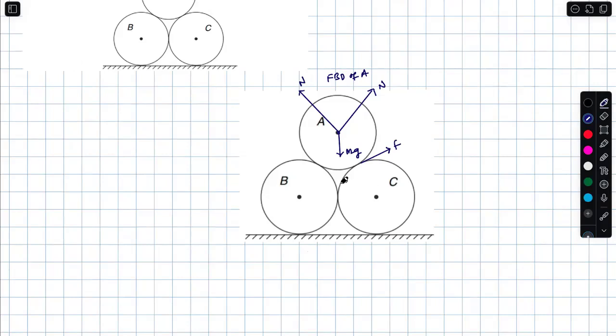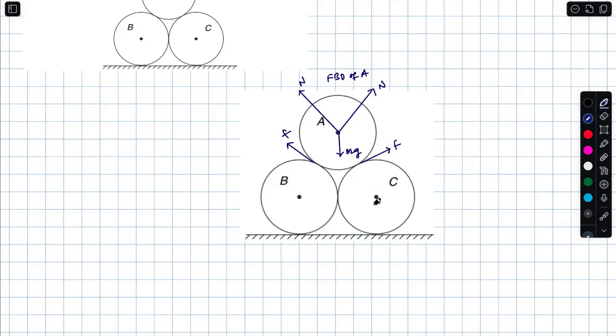So B and C only for reference I have taken, because I told you a long time back, if a free body diagram is to be drawn, it should be with symmetry and it should be with the immediate surroundings. So therefore, F. That's all. Is this okay for you? This is the free body diagram of A. Right.